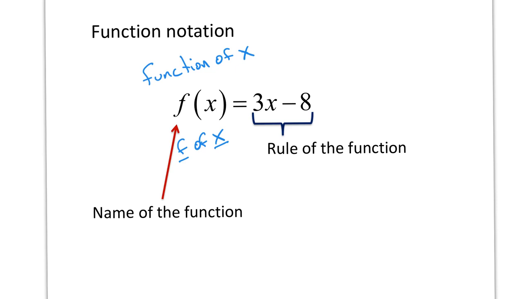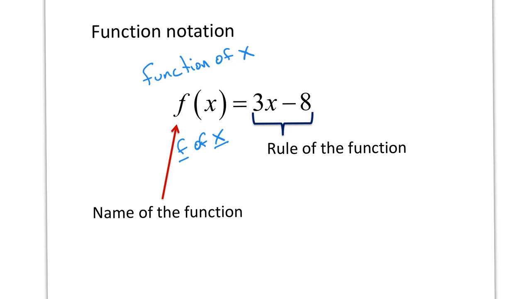But that rule is what helps us find those values. We are going to start making tables, we are going to start making ordered pairs, and we're going to graph to make an actual function. Just keep in mind, guys, f of x here is f of x or function of x. So there are a couple of ways you can read that notation.